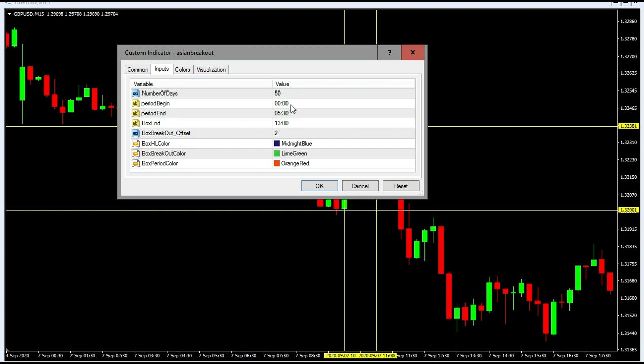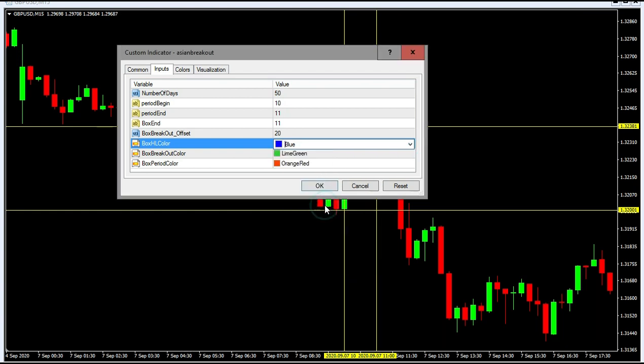So in the inputs, the period begin has to be 10 o'clock, right? And then the period end has to be 11, and the box end has to be 11 again. And the breakout offset, we want about 2 pips above and 2 pips below for our entry. Sorry, this should be 20 because it's a 5-digit broker.